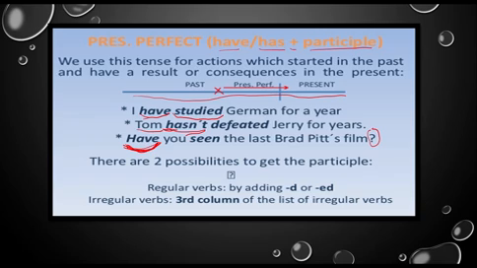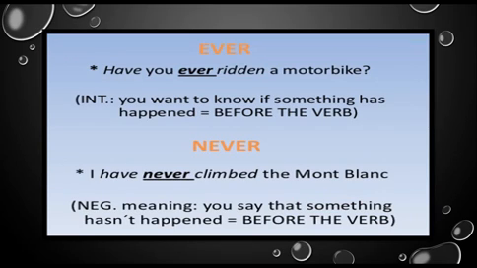Y entonces en la otra parte te dice que cuando uses los verbos regulares, solamente agregas el d o el ed al final del verbo, pero es muy distinto cuando tienes que usar los verbos irregulares. ¿Por qué? Porque cambian y no les puedes agregar ni la d ni la ed. Next, transparency.